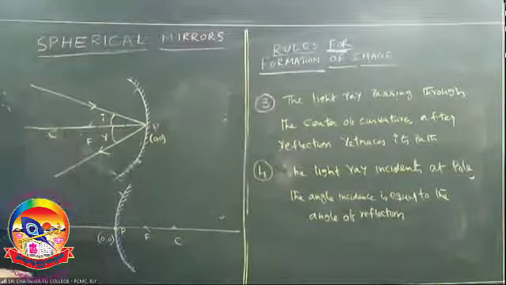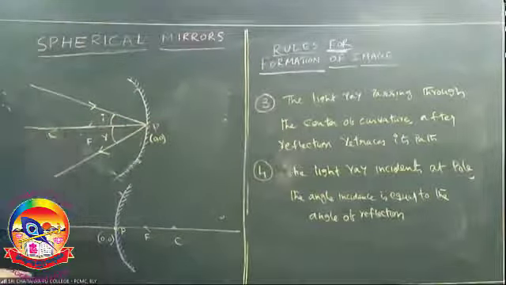C is the center of curvature. F is the principal focus. The straight line joining the pole and the center of curvature is the principal axis.